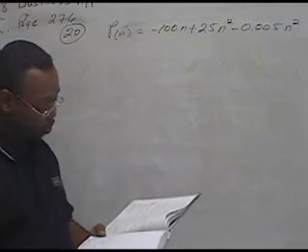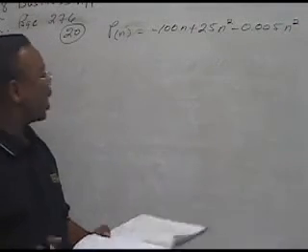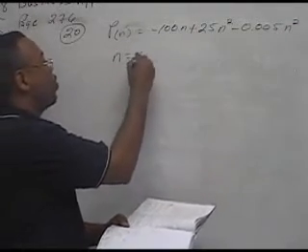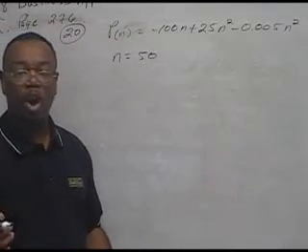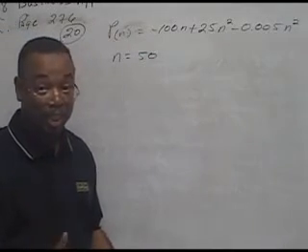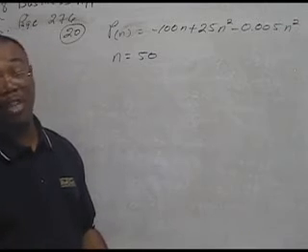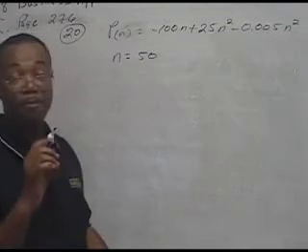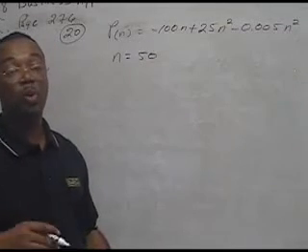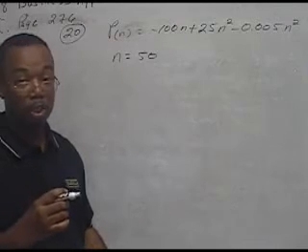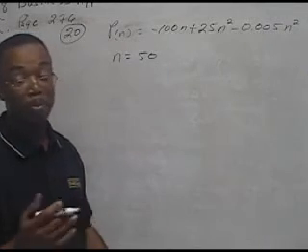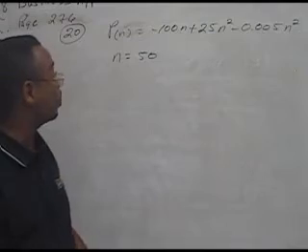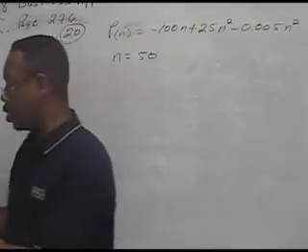And the question is, when we input 50 employees, what's our profit? Are we gaining profit at that instant? Are we losing profit at that instant when we have 50? So this is a question of instantaneous rate of change when the input n is 50 people. So let's find the instantaneous profit.